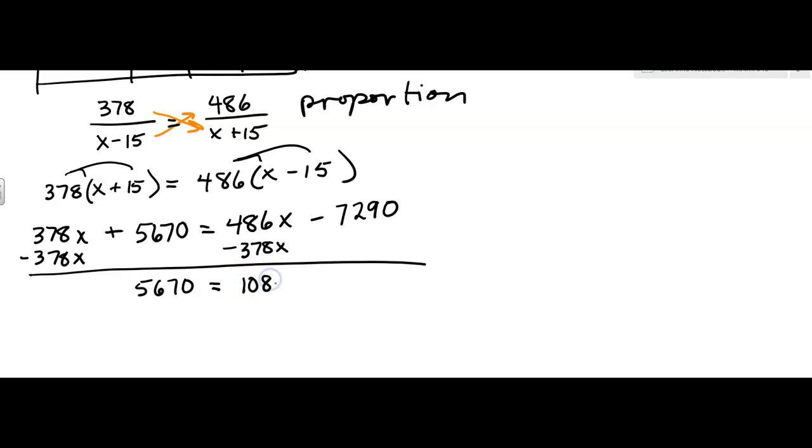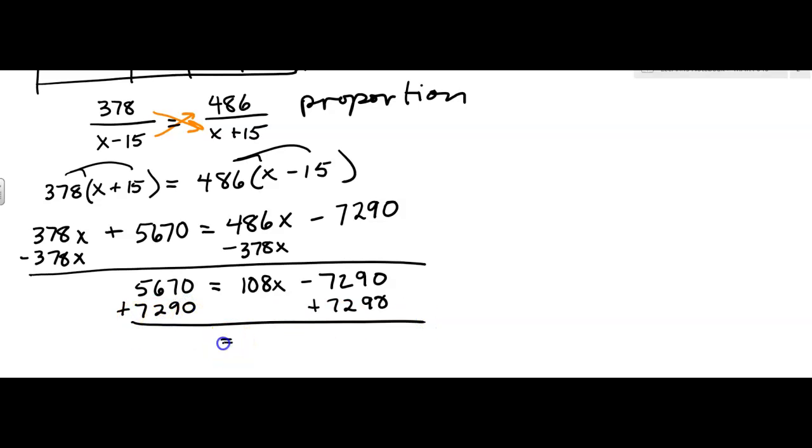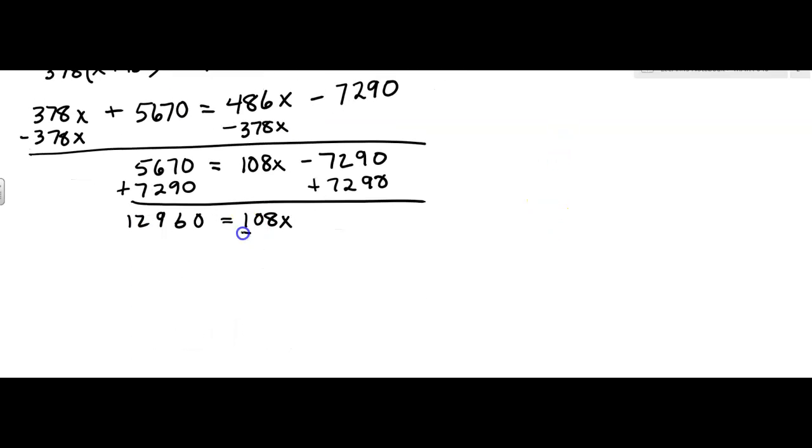Sometimes when we have these bigger numbers, we just pull out the calculator. Minus 7,290. Now, when I get done with my answer, I do want a positive answer because this helicopter should not have a negative rate. And I'll feel good if it comes out nicely. Doesn't have to, but I'll feel better. So I get 108x on the right, and then 12,960. Let's divide by 108.